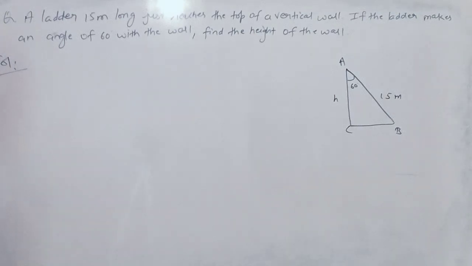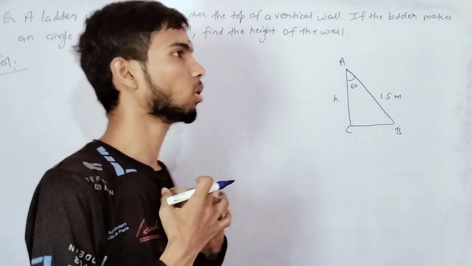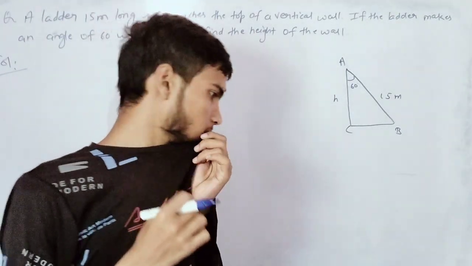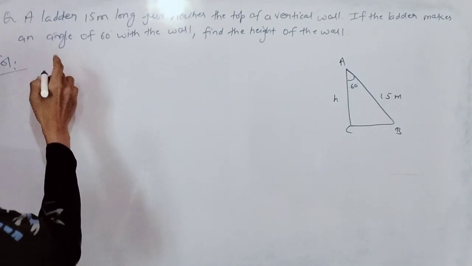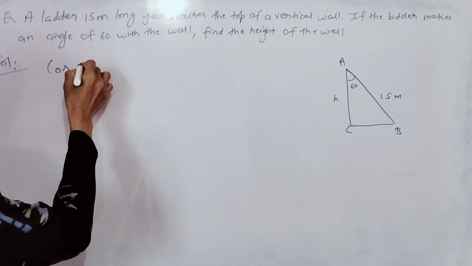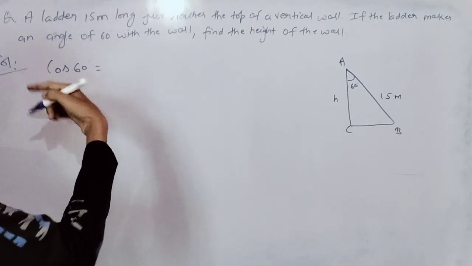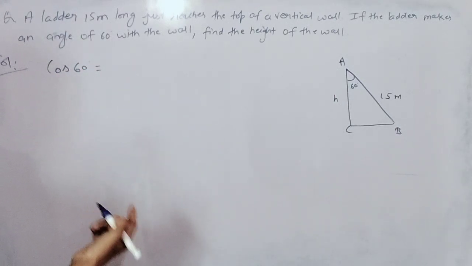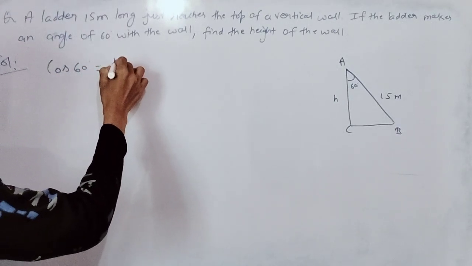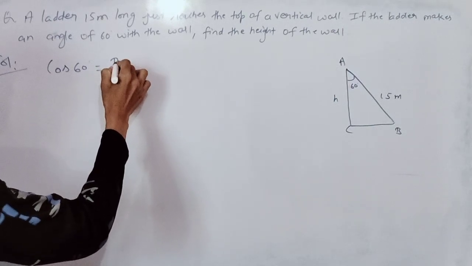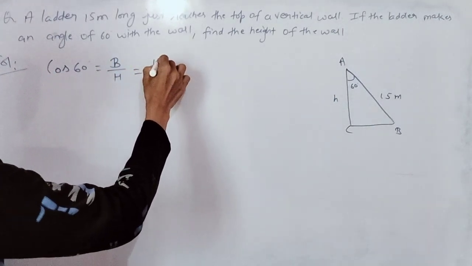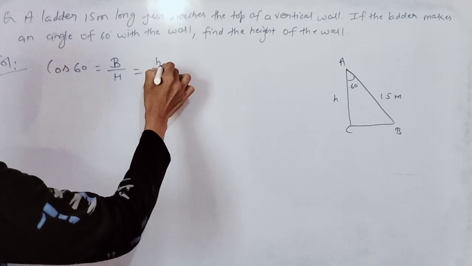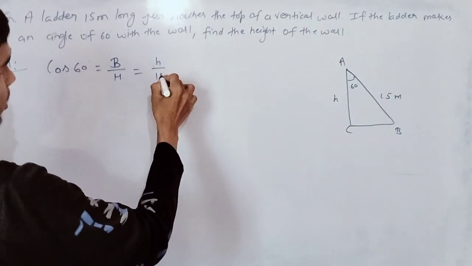Base upon hypotenuse is the ratio of cos 60. Cos 60 gives you the ratio of b upon h. Here 15 is the hypotenuse.